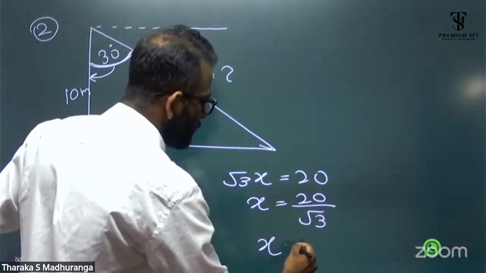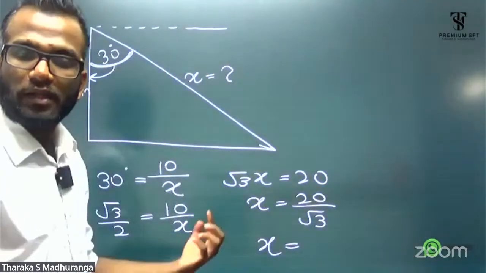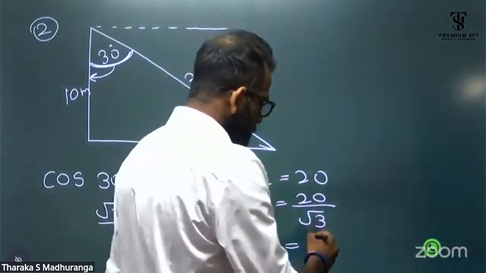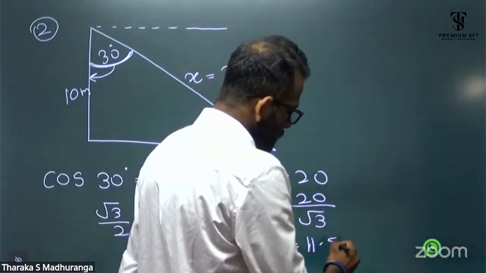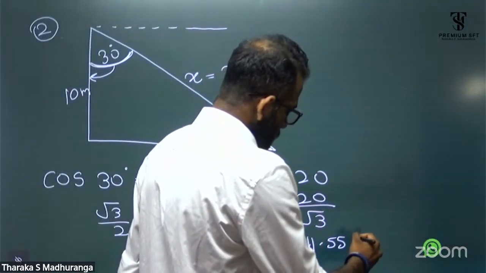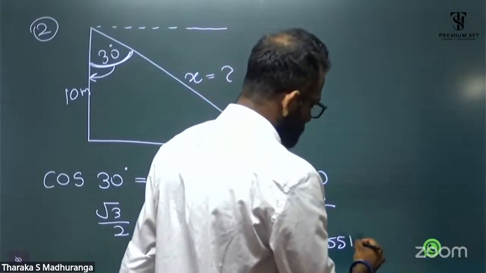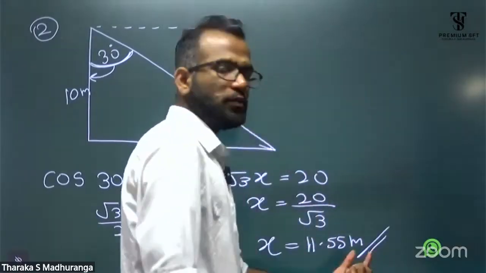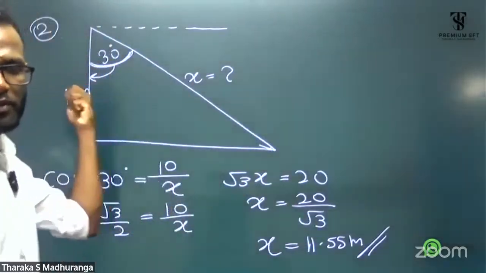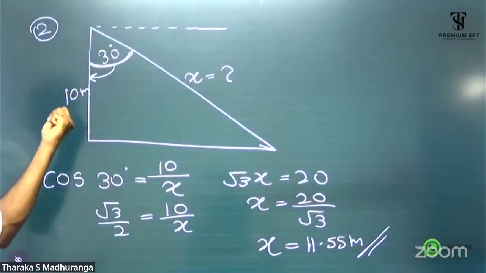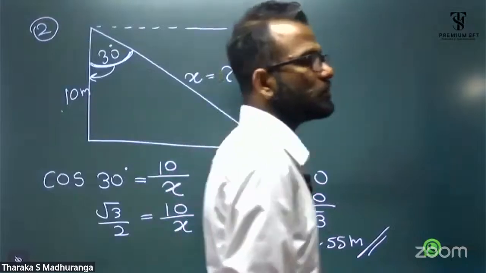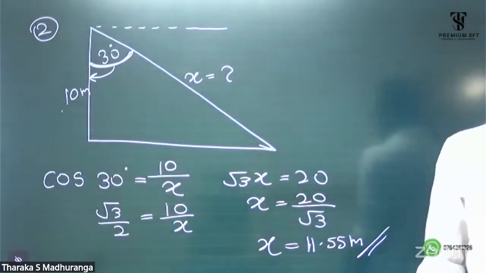If you want, you can use a calculator. The decimal value is 11.55 meters. How did we get meters? Because the adjacent side is given in meters, the answer also comes in meters, same unit.